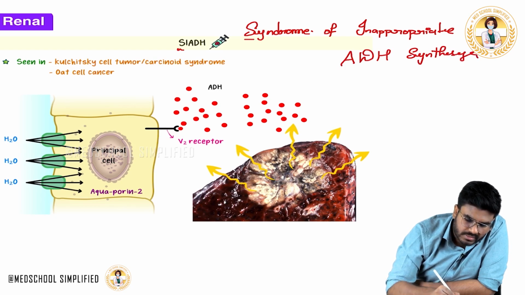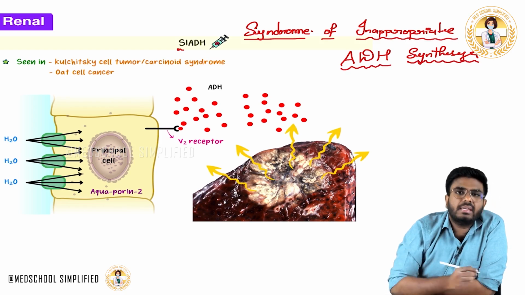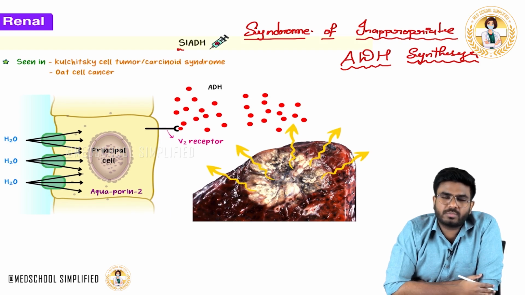So it's a syndrome of inappropriate anti-diuretic hormone or ADH synthesis. Simply we can say, sir, more and more anti-diuretic hormone is getting produced in the body. Unnecessarily more vasopressin or anti-diuretic hormone is produced in the body.